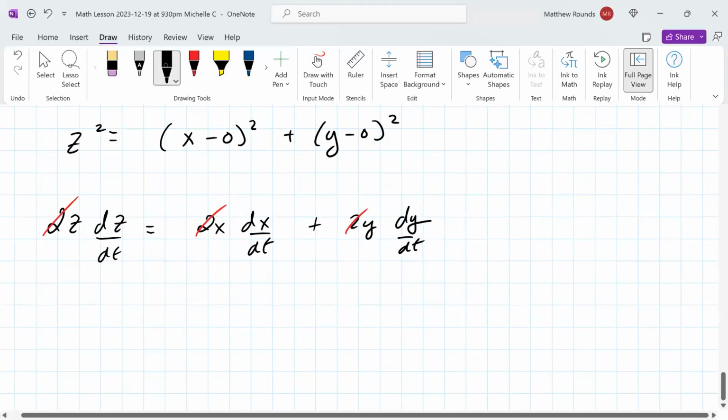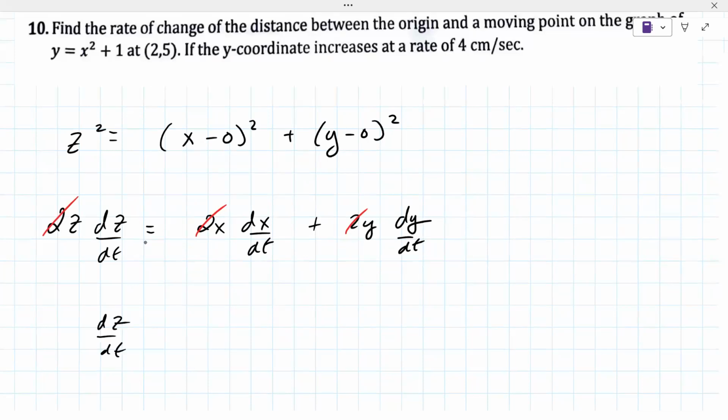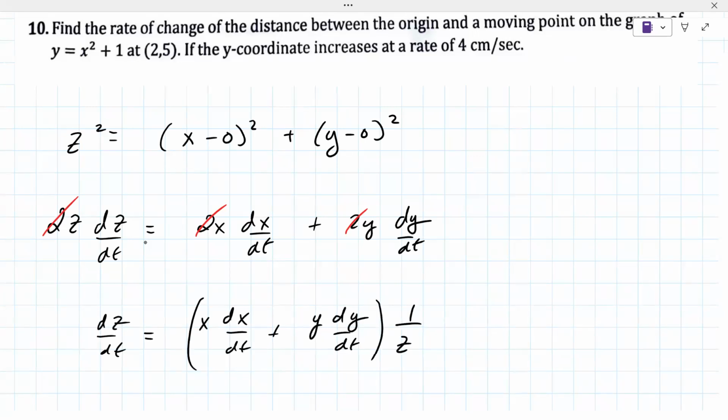Kind of like that earlier problem we did. dz/dt equals x dx/dt plus y dy/dt, times 1 over z. And z is equal to the square root of x squared plus y squared.